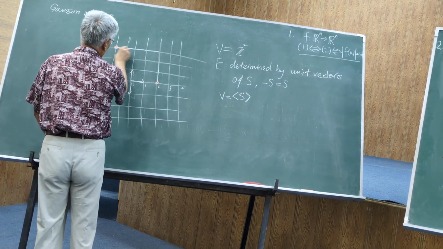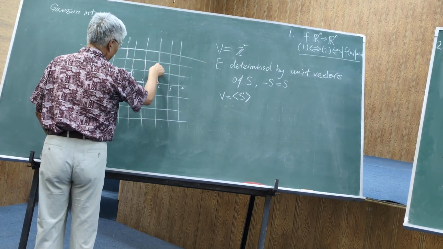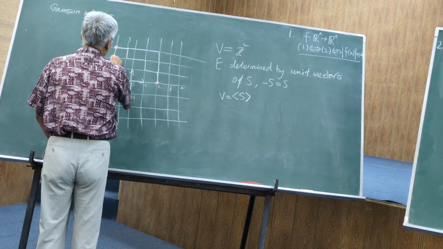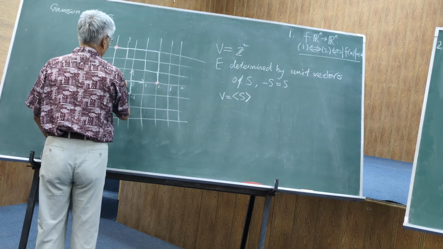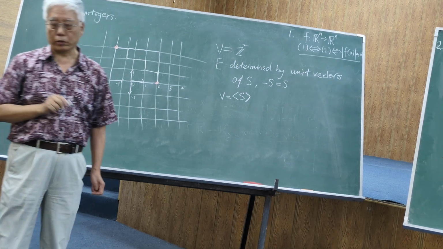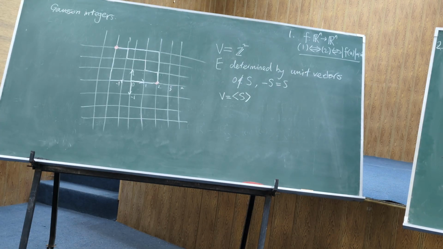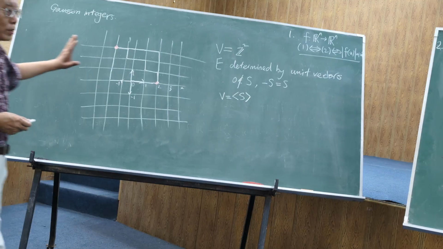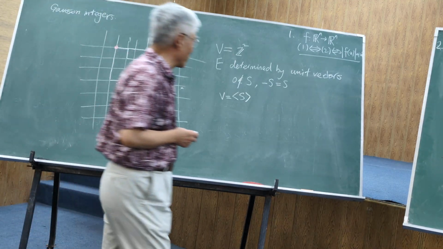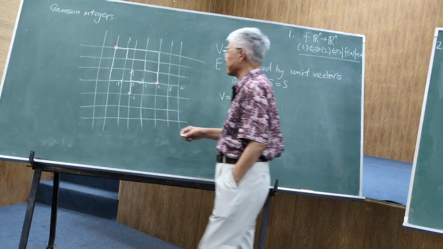Or another path, also 7. The shortest path connecting two points is not necessarily unique. What is the group of isometries? This space is called X.